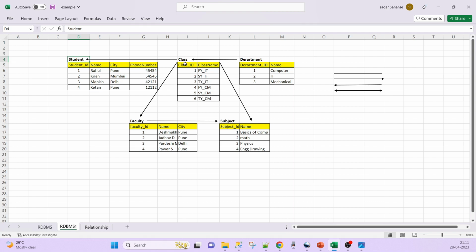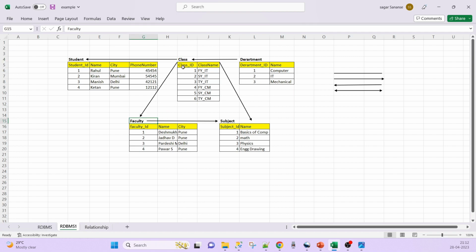Similarly, class to department: it is not the reverse, there are multiple classes belonging to one department. Suppose there is a computer department and it has three classes, first year, second year, third year. Similarly, class is an entity and faculty is an entity.